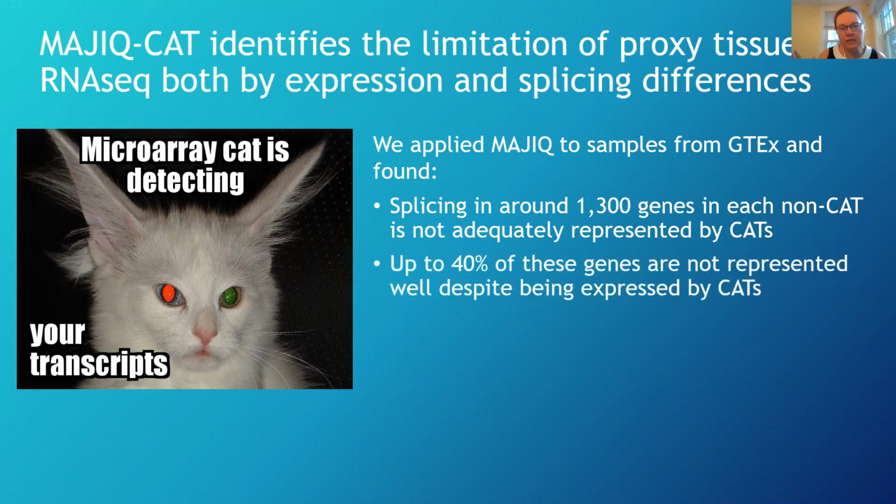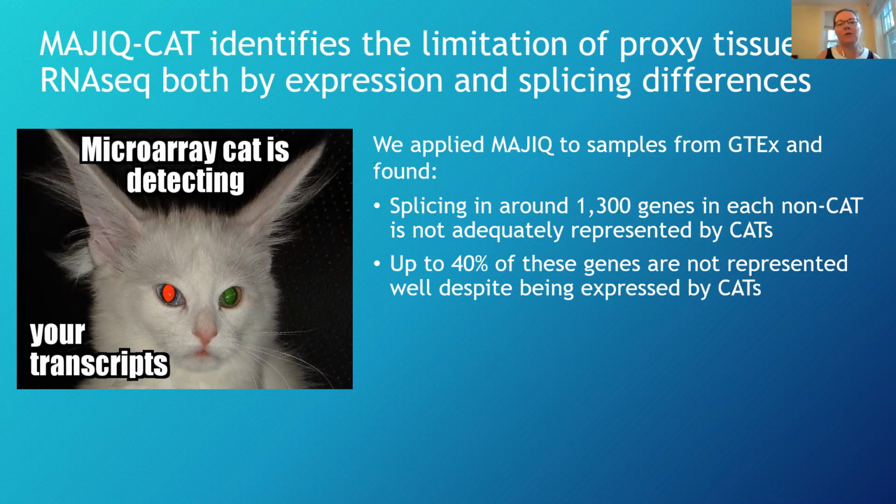The most interesting thing that I thought from this is about 40% of those genes are not represented well, even though they're expressed. So even if you go and look at an expression database and say, oh, my gene is expressed in the amygdala, and it's also expressed in blood, say, so if I do a blood sample, then I should still be able to see a mutation, even if I expect it to be an amygdala-specific mutation.